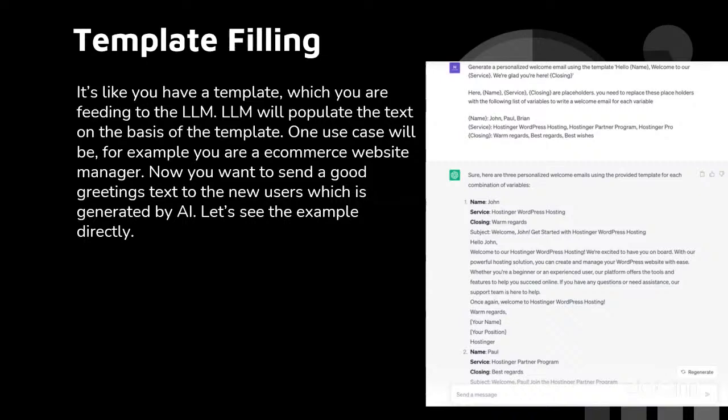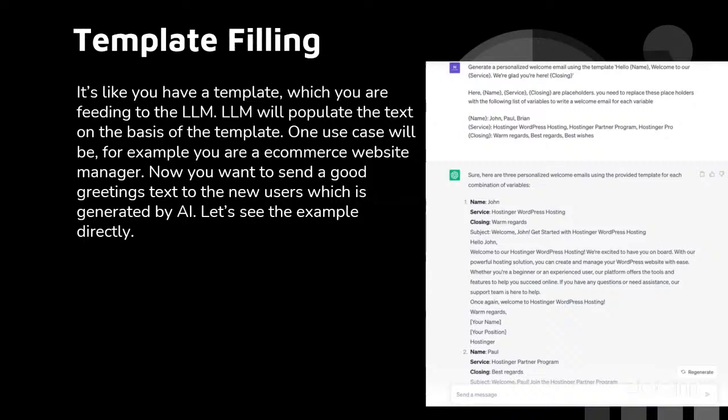Now, over here, you can see I'm saying generate a personalized welcome email using the template: hello, welcome to our service, we are glad you are here, closing. Here, in the name, service and closing placeholders, you need to replace these placeholders with the following list of variables to write a welcome email for each and every variable.